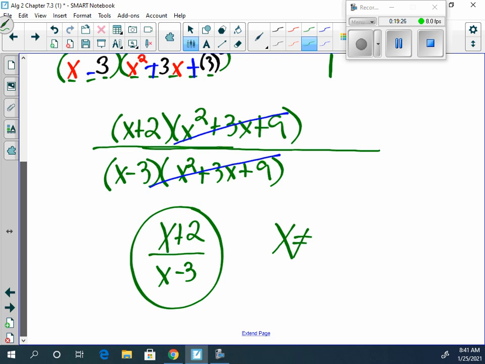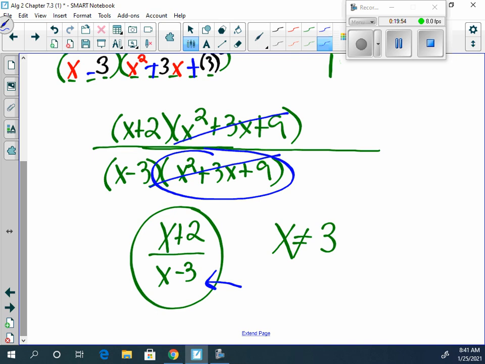Now, the mathematician in me would say, what is our restriction for this here? What can x not be? So it can't be 3, because the denominator here would make x minus 3 equal 0, yes? Well, we said this part of a difference of perfect cubes is not factorable, correct?